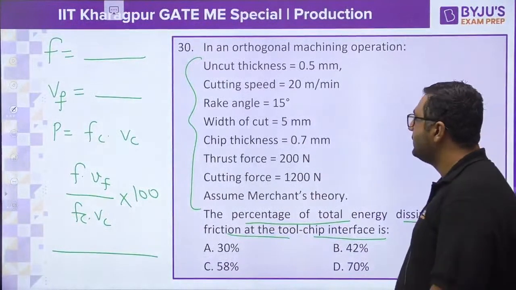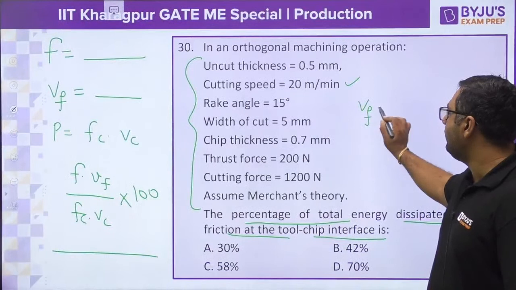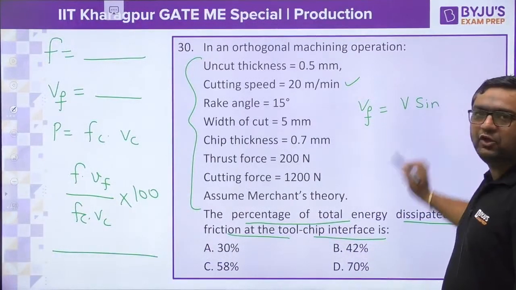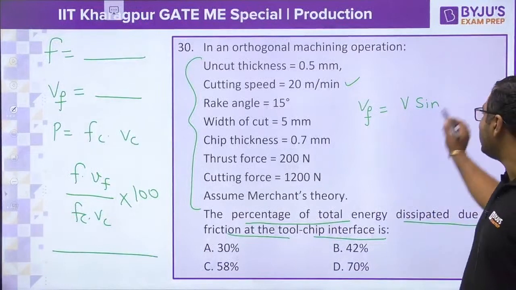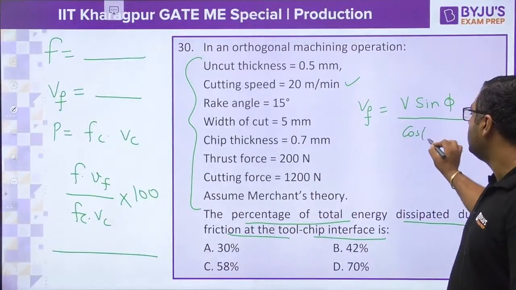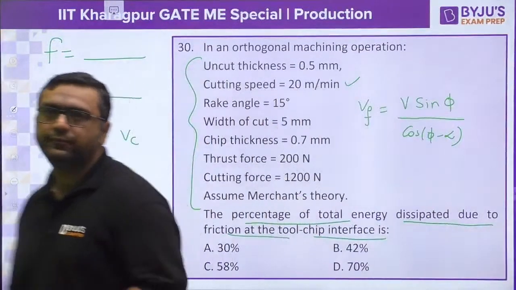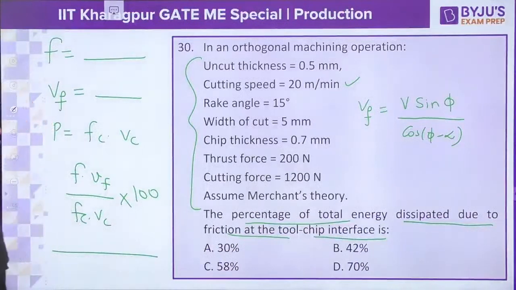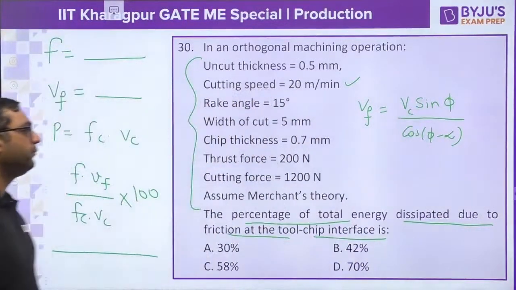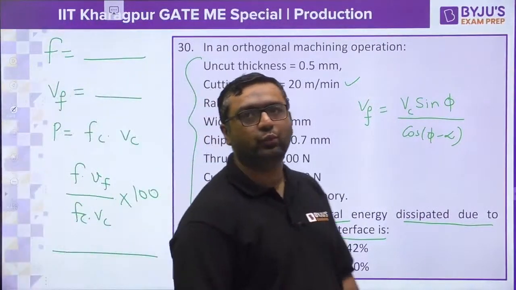Cutting speed is already mentioned, so you need to find out Vf. Can you find out V sin phi divided by cos phi minus alpha? V is Vc, cutting speed. All the formulas are in front of you.